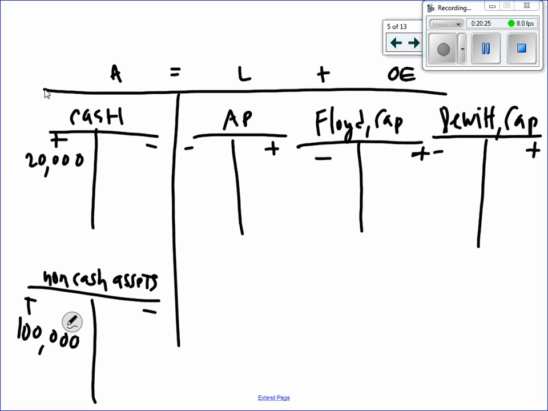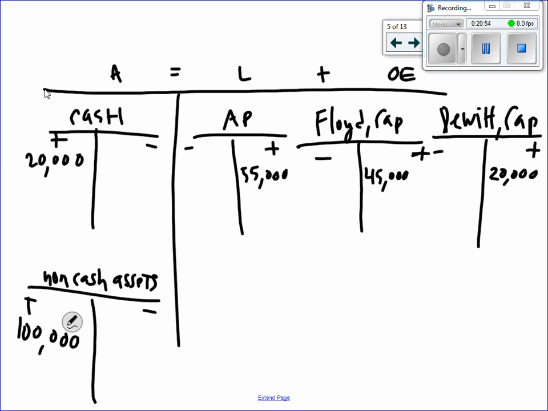Liabilities of 55,000. So we owe 55,000. Each partner should have a balance. Floyd is 45,000, DeWitt is 20,000. Okay, we'll come back to the liquidated. I wanted to put in their income ratios.